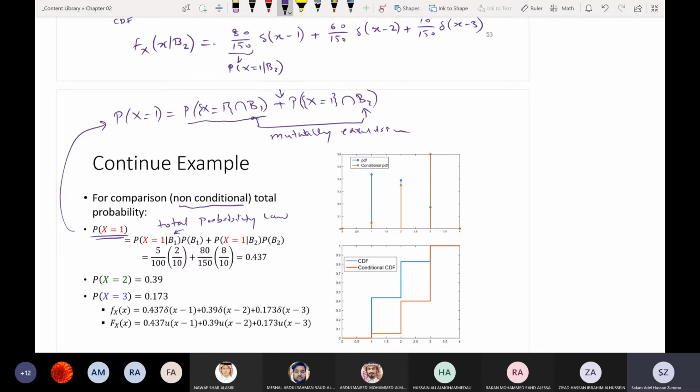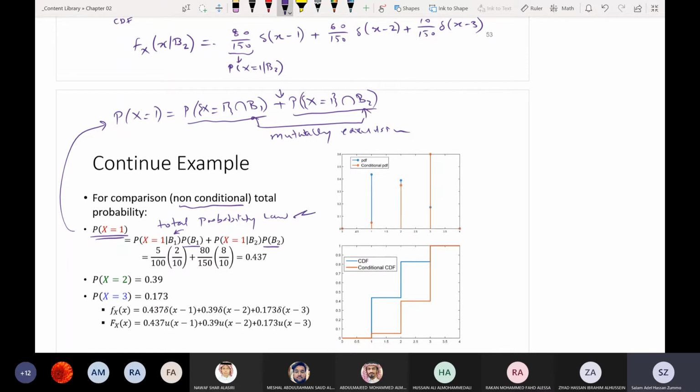Now the probability that x equals 1 intersect B1 is nothing but the probability that x equals 1 given B1 multiplied by the probability of B1. The probability of x equals 1 intersect B2 equals the probability that x equals 1 given B2 multiplied by the probability of B2.